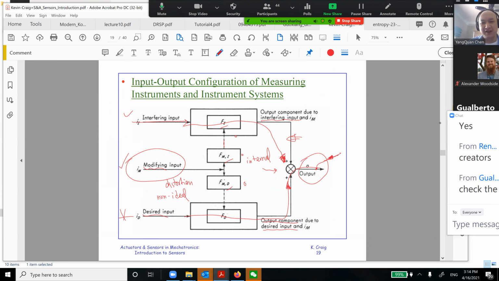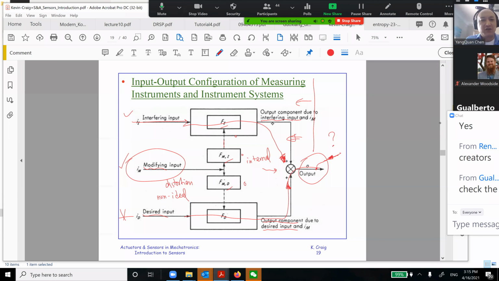Then this is a very interesting figure you should know about. You have a piece of sensor, a piece of instrument, and you measure with it. You should know what you measured here, what's behind that. Towards the left, you should understand that this output is corrupted by two parts.